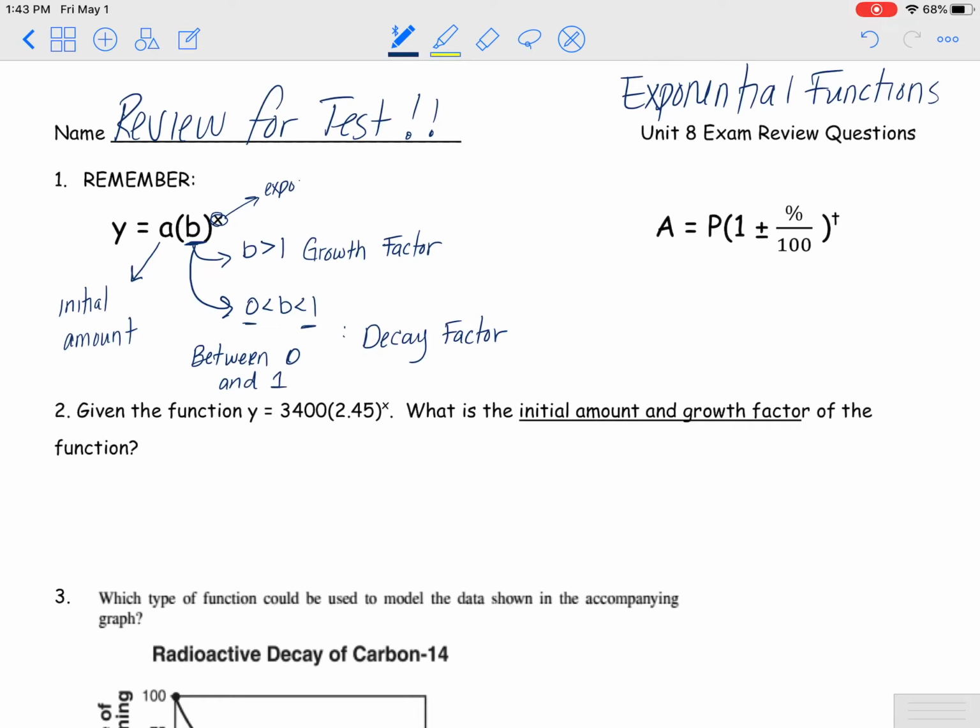And then this was our exponent, or our variable in our situation. Okay, so those are just the parts of the equation.